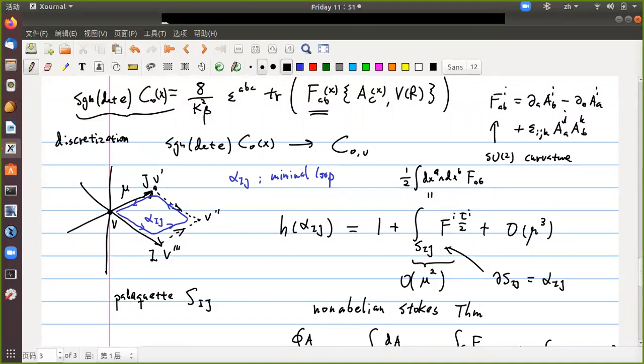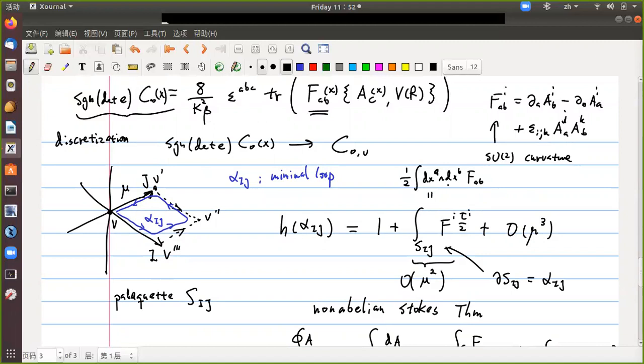Now suppose I adapt this coordinate x to the ij axes of the lattice, namely the i axis in the lattice is just the coordinate axis of xi, and the j axis is just the coordinate axis of xj, and mu is the coordinate length.